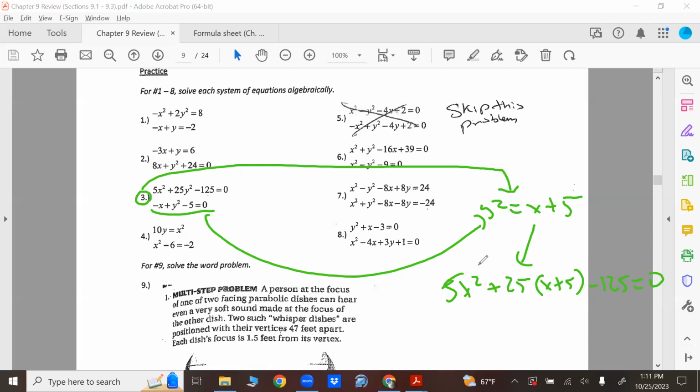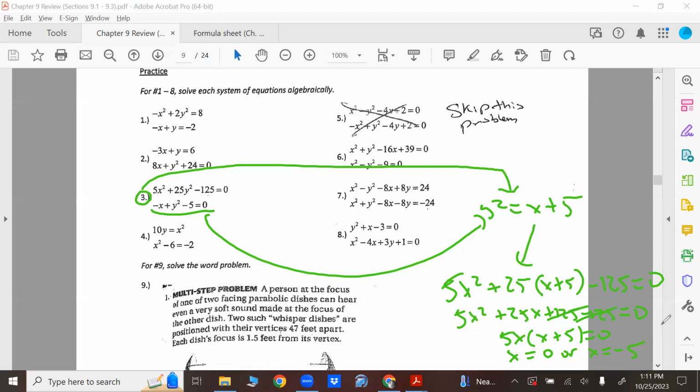You can do that too, sure. Which I'll probably factor out anyway. And look here, things cancel. What cancels? Yep. Factor out 5x. And I'm almost home free. Very nice, right? I get x is 0 or -5.